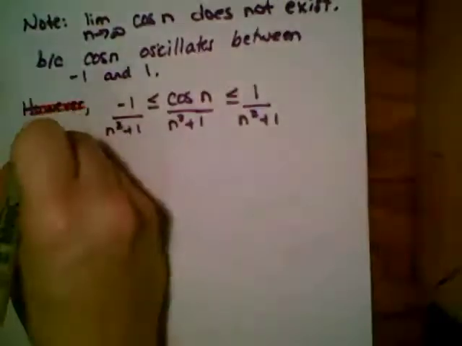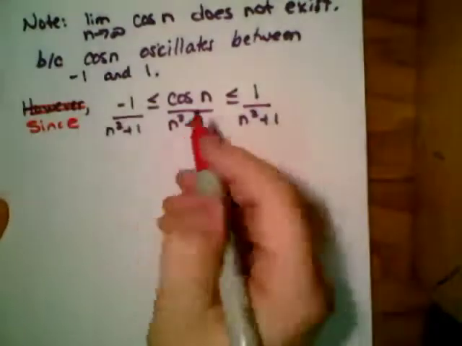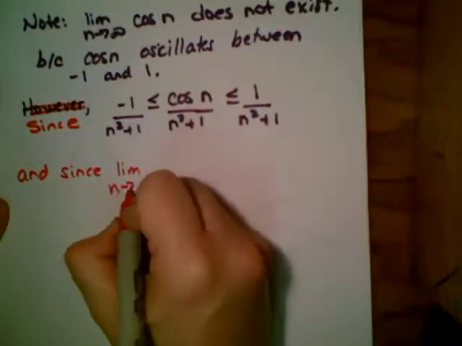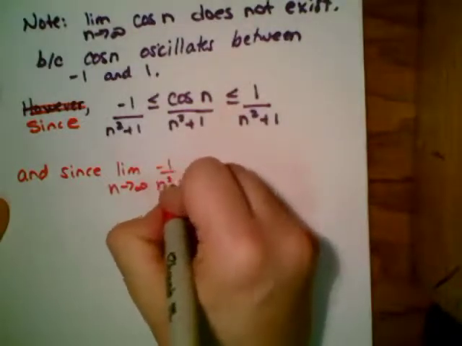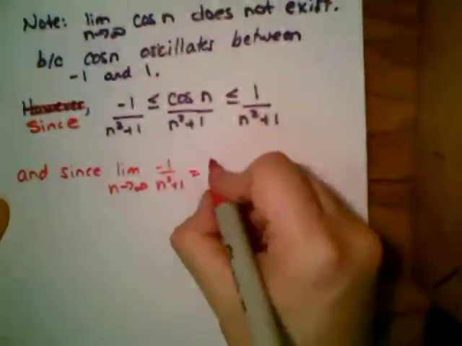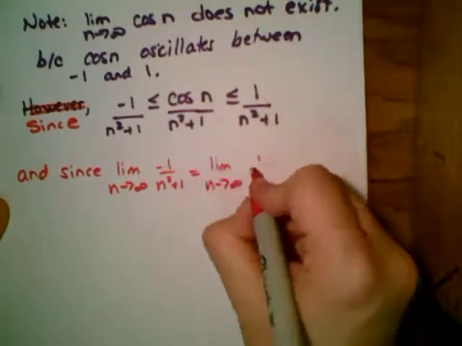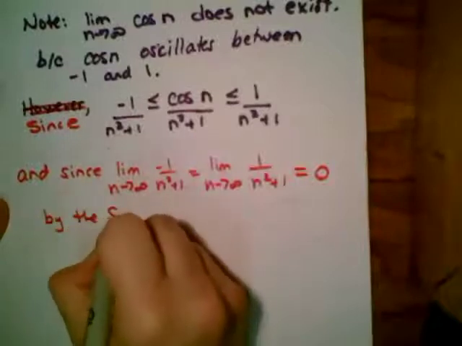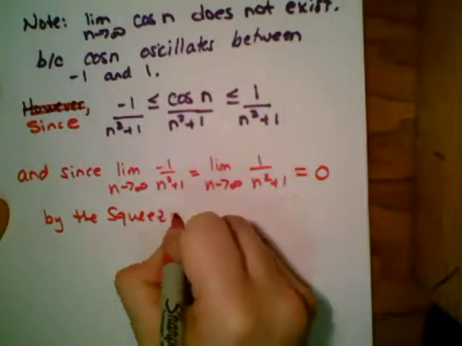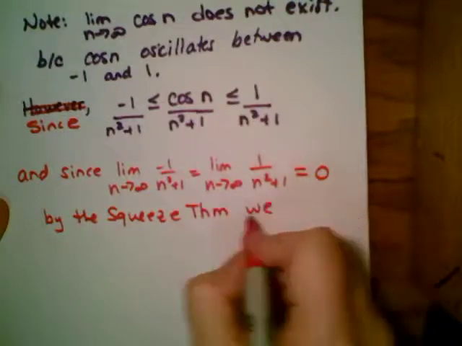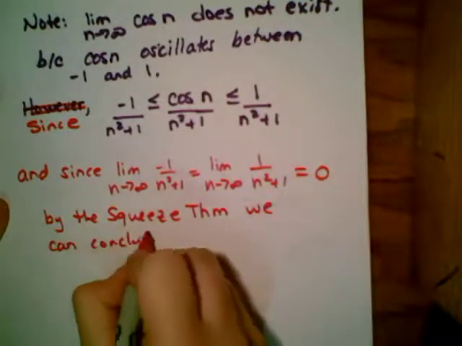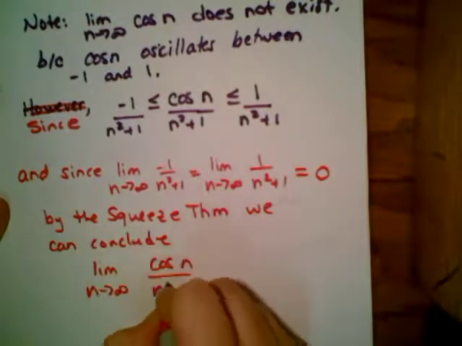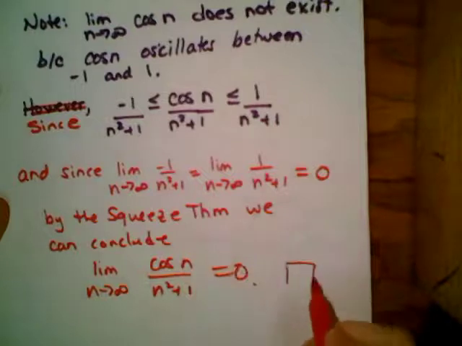Since this inequality is true, and since the limit as n goes to infinity of the leftmost sequence equals the limit as n goes to infinity of the rightmost sequence equals 0, by the squeeze theorem, we can conclude the limit of cosine of n over n squared plus 1 also equals 0. Proof complete.